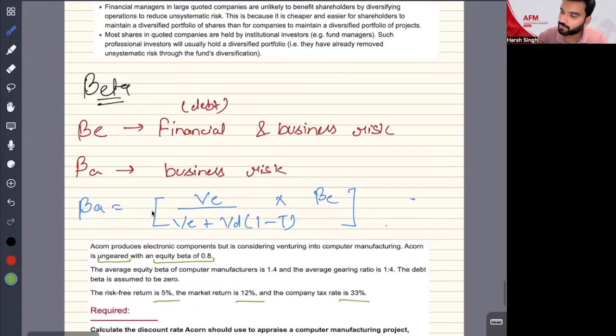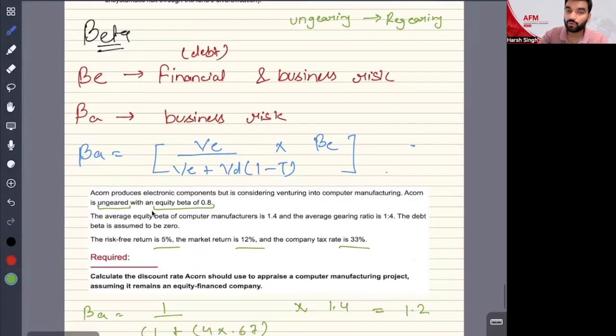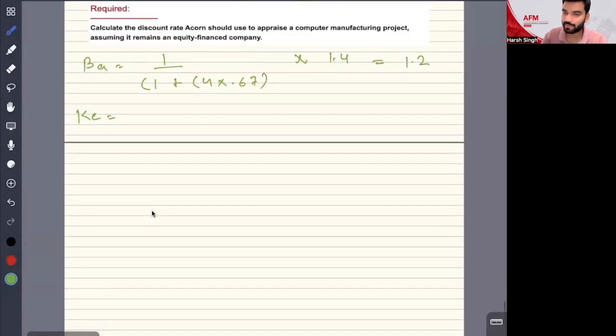Generally, the normal steps would be, I will write it down, ungearing and then re-gearing. This is the normal method. Over here, we are not doing that. I'll write it down separately. So over here, what needs to be done?